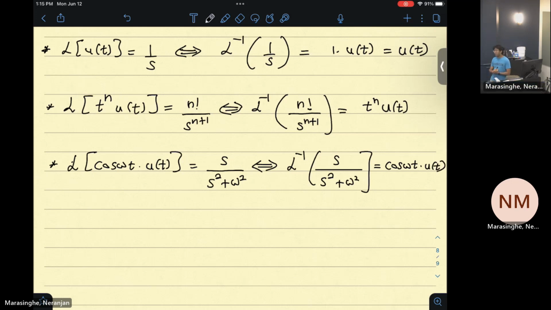Okay. Same thing would be applied for each function that we evaluated the Laplace transform of. Okay. This is the idea of inverse Laplace transform.